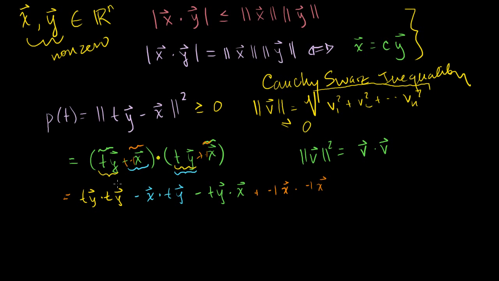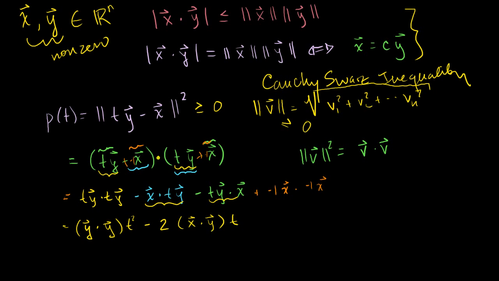But we can use the fact that this is commutative and associative to rewrite this expression. This is equal to y dot y times t squared, since t is just a scalar, minus 2 times x dot y times t.